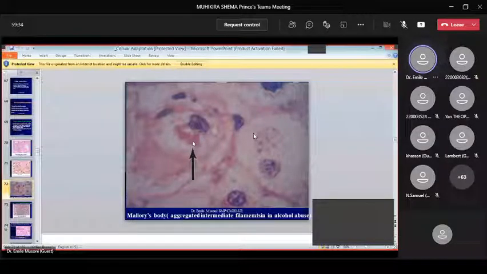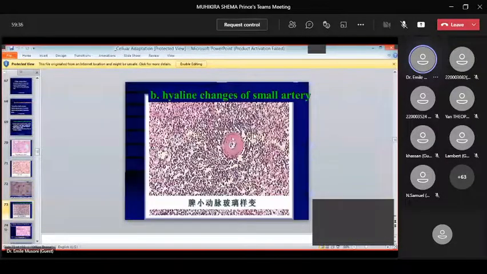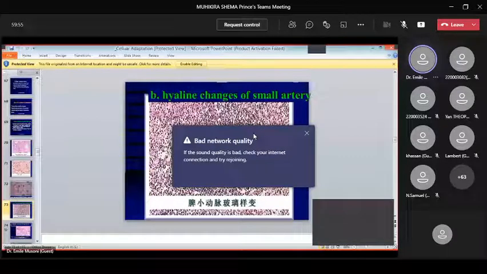Here it is hyaline. Here, hyaline chains in the connective tissue. Those are glass-like material, those are hyaline.